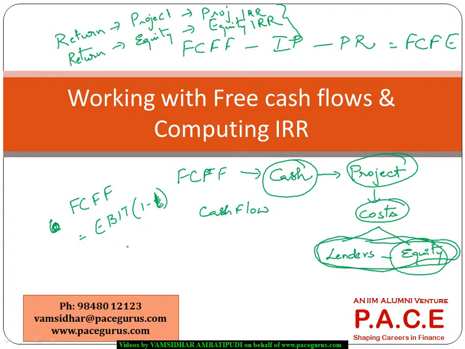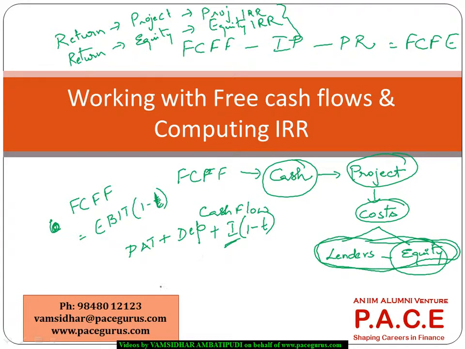So probably the simple way to look at it is the PAT, whatever we have got. To that PAT, you add the depreciation, because that's a non-cash part, and you add back the interest post the tax part. Or for simplification, you can even say I add back the interest.